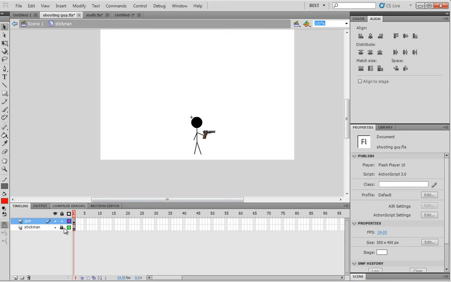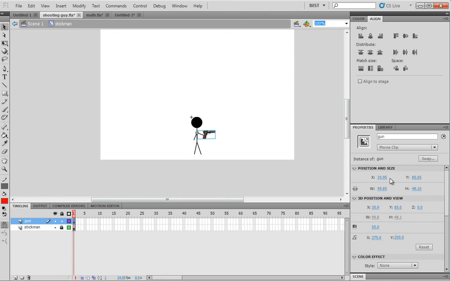So my point was simply: click on the gun and look at the coordinates. We want the coordinates of the little cross on the left, the one on the shoulder.